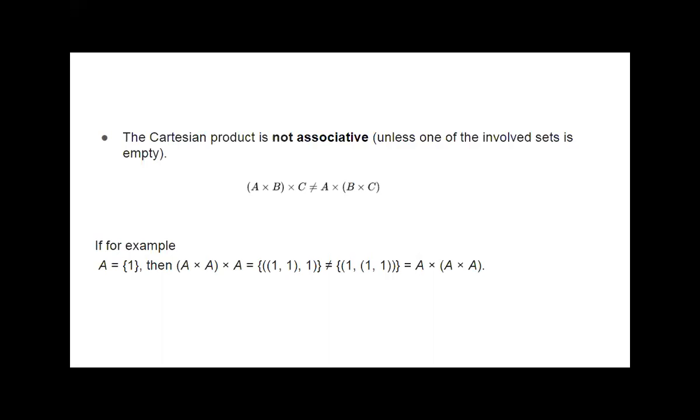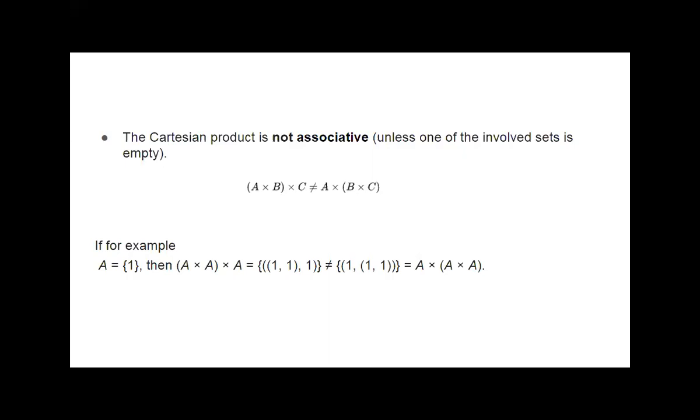(A cross B) cross C is equal to A cross (B cross C). It means the two sides are equal, even if the parentheses are placed differently; the operations give the same result if we change the grouping. That is associativity, but the Cartesian product is not associative.